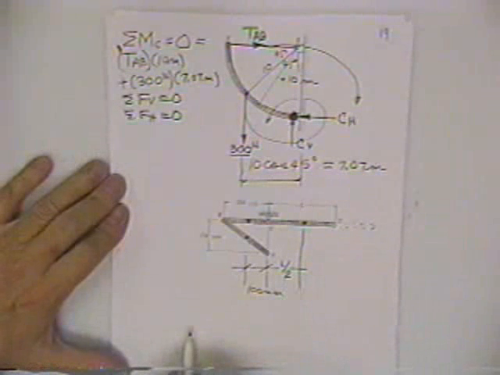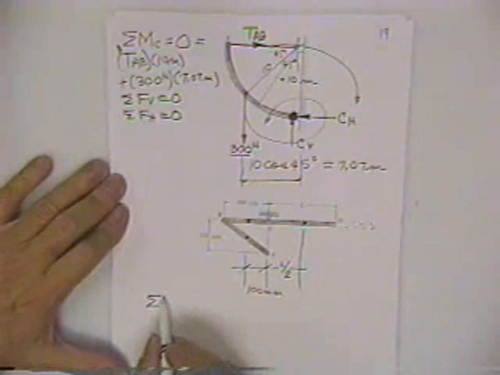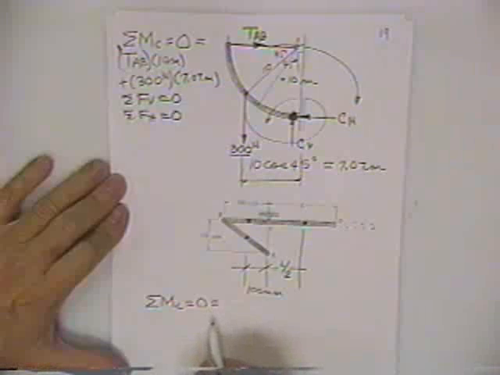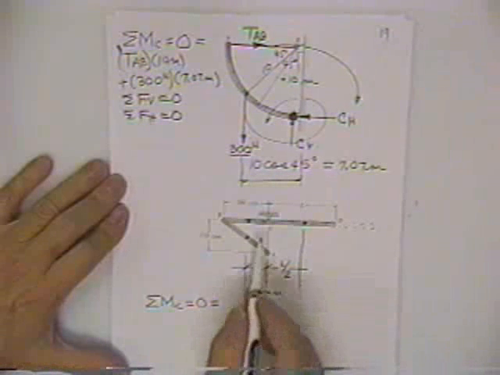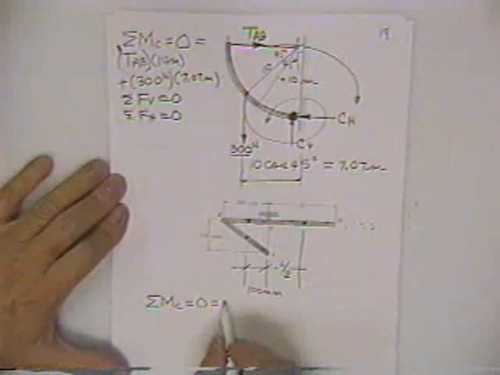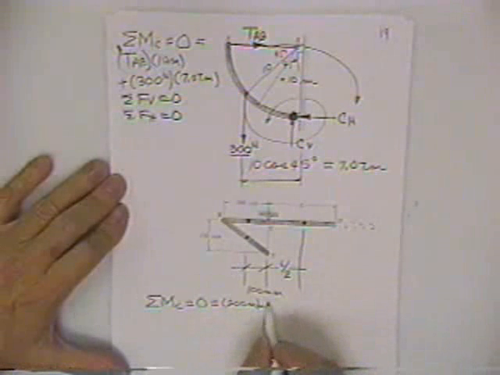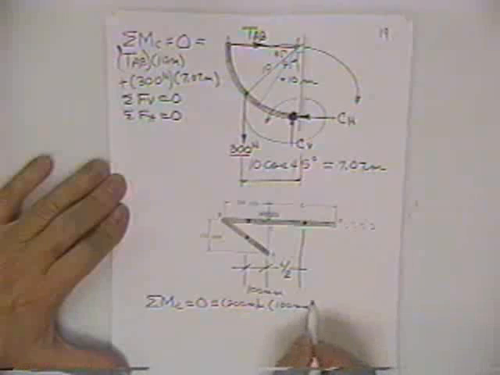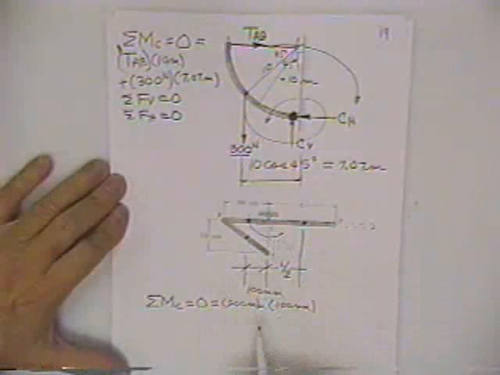So to make that thing balance about point C, you would simply say, if it balances, then the sum of the moments about C is 0 is equal to: first off, there's 200 millimeters worth of stick times where his centroid is, 100 millimeters. Were he to get away from you, he would roll this way.